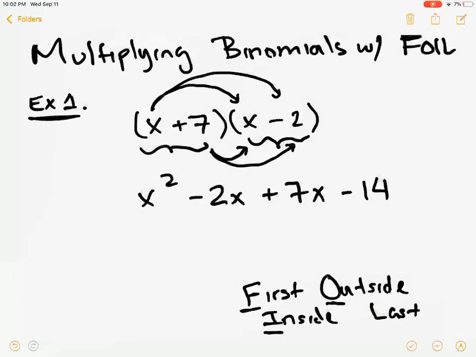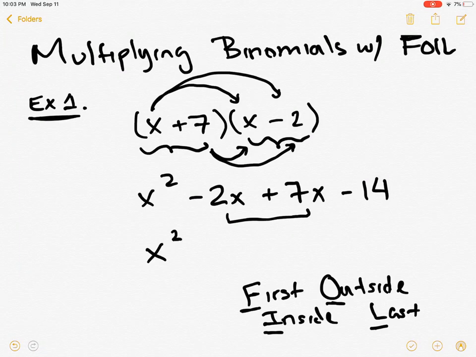Just like FOIL has 4 letters in the acronym, you'll also have 4 terms when you multiply out. However, we can reduce our product slightly by combining like terms with our two middle terms, the linear terms.